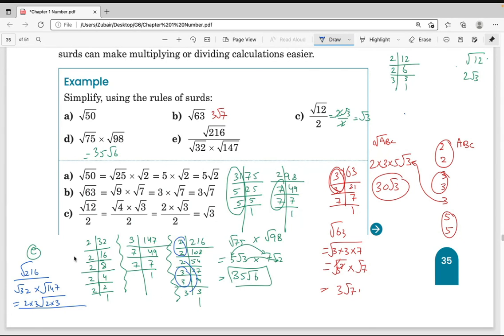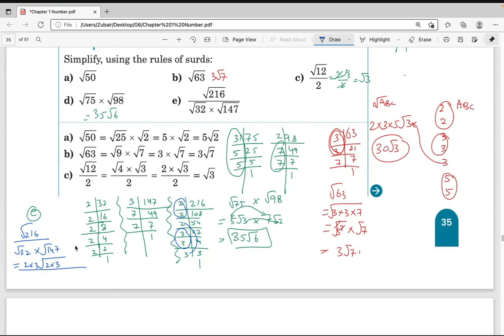Any issues with 216? No. Now look at square root 32. 1, 2. Outside is 2 into 2, and inside is alone 2. Then we have 147. Outside is 7, and inside is 3.